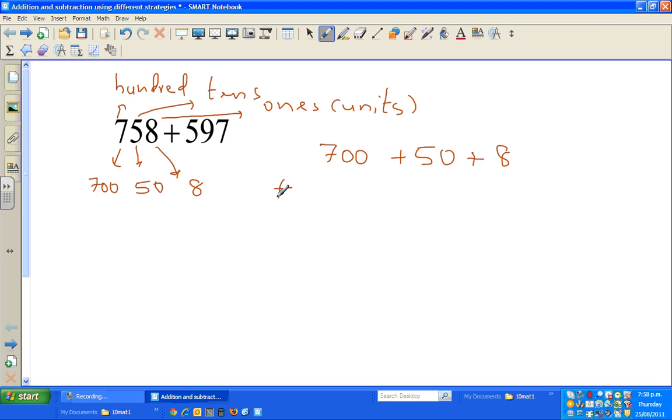This is a column of hundreds, this is a column of tens, and this is a column of ones. 597 can be written as 500 plus 90 plus 7.